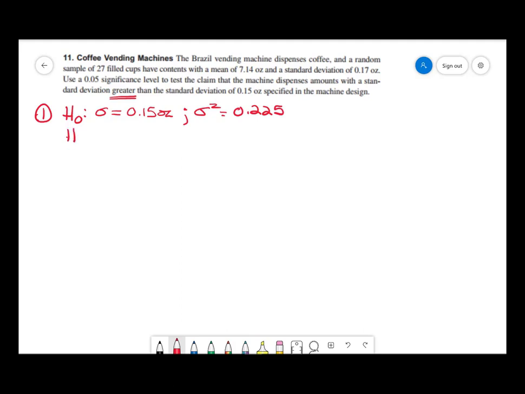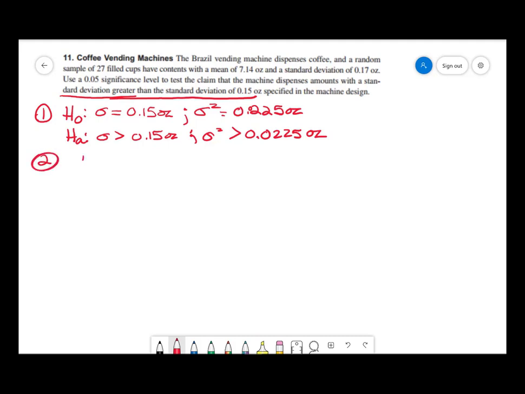Then our alternative hypothesis, they tell us right here, is the standard deviation greater than the design specified standard deviation. So it's greater than 0.15 ounces. Or alternatively, we could say that the variance is greater than 0.0225. And those would also have units of ounces.